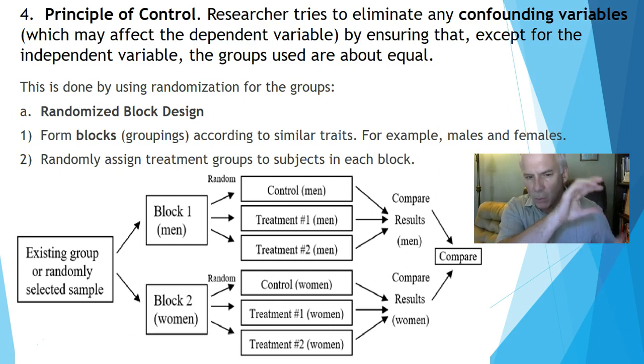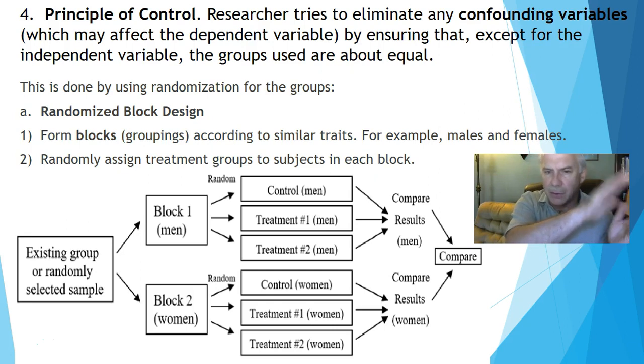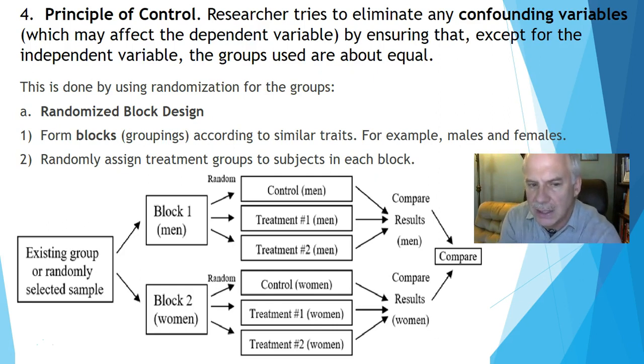And then after you broke it up into men and women, then you break up the groupings further, and you use randomization to decide which men go into the control group and which men go into the treatment group and which men go into the second treatment group, and the same thing for women.